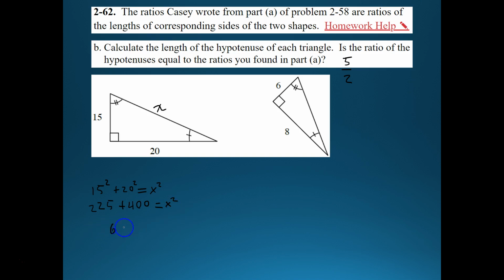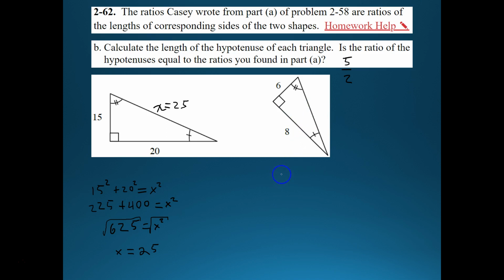Simplifying, we get 625 is equal to x squared, and then we square root both sides to solve for x. We get that x is equal to 25.